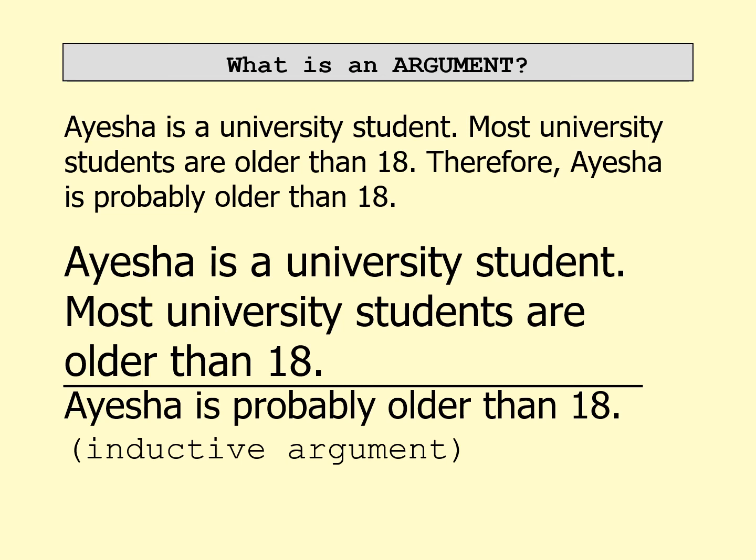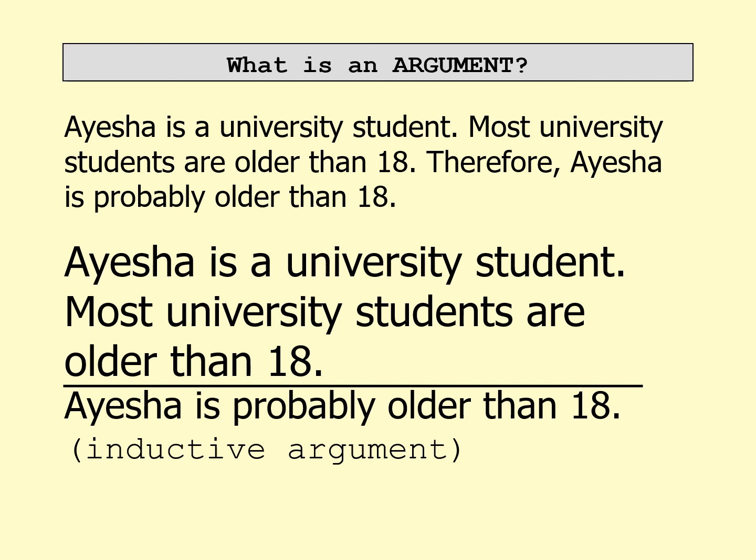In contrast, in an inductive argument, we are seeking probability or probable truth, not certainty. If we were treating this like a deductive argument, it would turn out to be invalid because the premises can be true and the conclusion false.